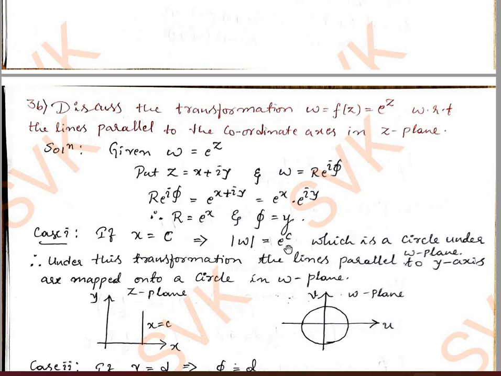As there is no term called y, just put x equal to c. If you substitute x equal to c here, we are going to get e power c, which is a circle in the w plane. So therefore, under this transformation, the lines parallel to y axis are mapped onto a circle in w plane. This is the pictorial representation.